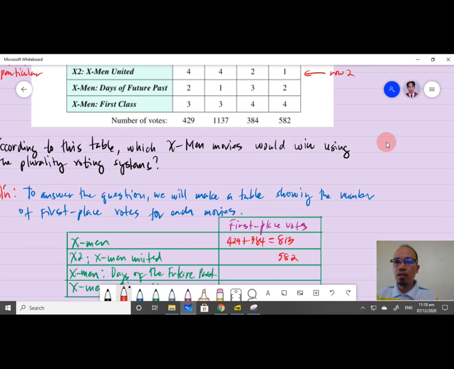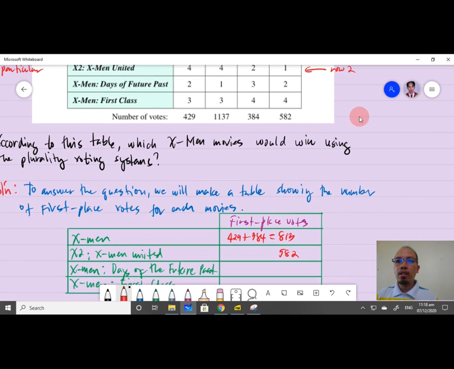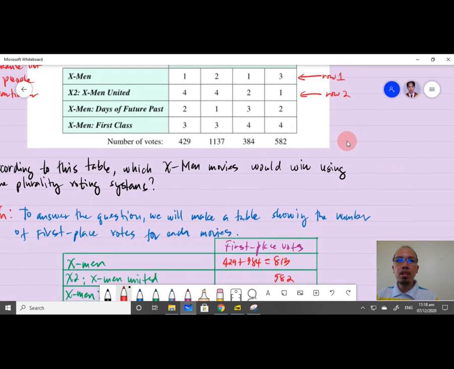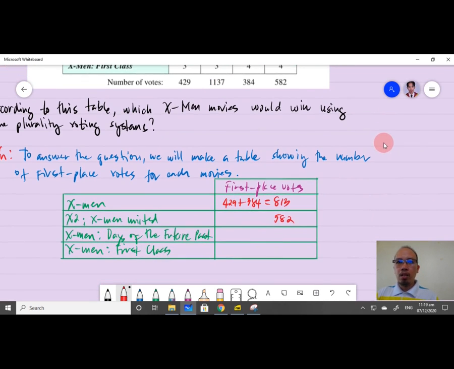The same goes for Days of the Future Past, if there are first place votes. Here, row 3, we have first place votes, and there are 1137 voters here. So this is 1137 for Days of the Future Past.